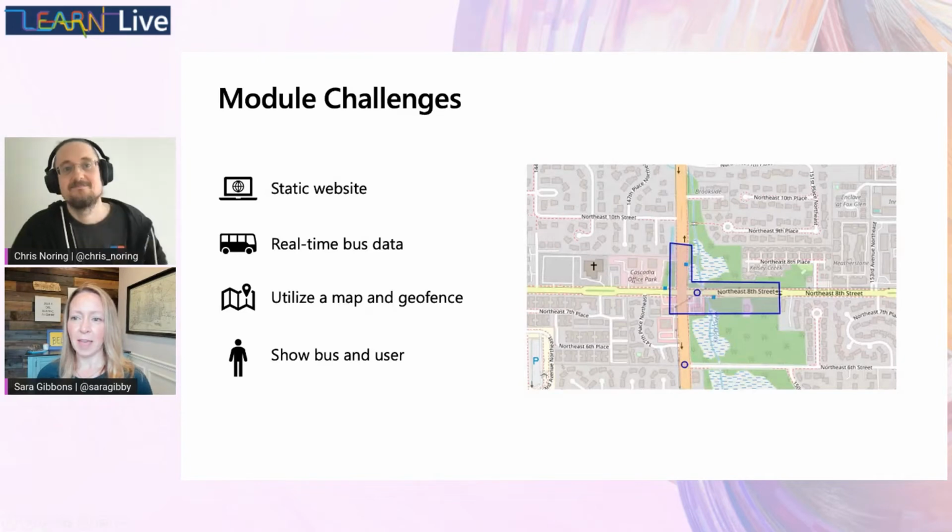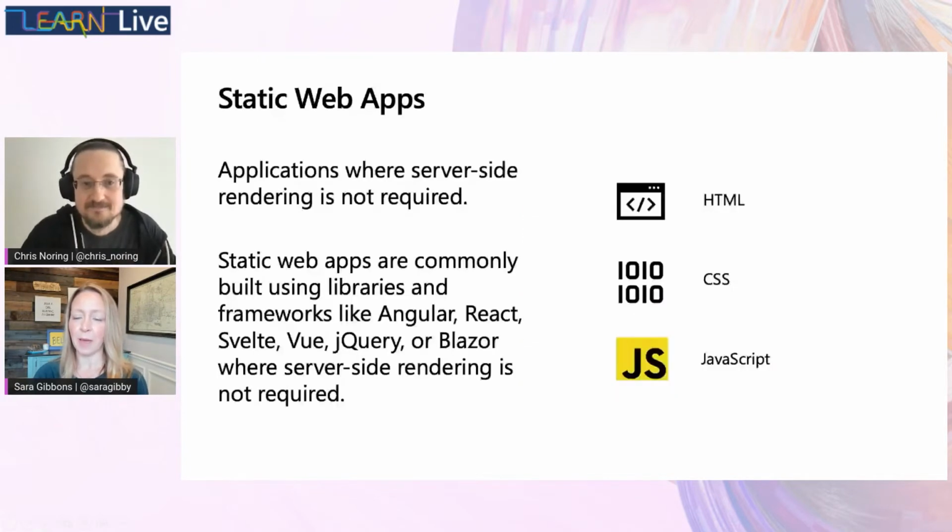So as we start that, let's talk about static web apps for a minute. When we say static web apps, this means they're not server-side rendered, which essentially means that they're client-side rendered. Client-side render means that a browser is going to pull down these files and then display them as the website. Whereas server-side rendered is, I'm going to make a call and it's going to go to the server and make whatever other request it needs to and then send me back down those files.